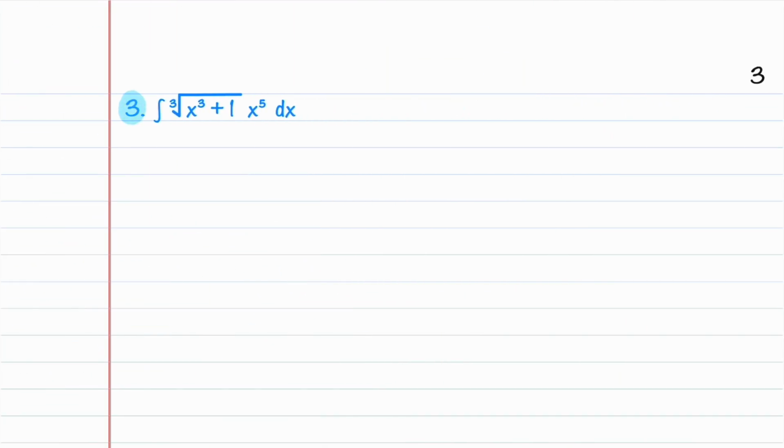Let's look at our third example. This is an example where we're going to use what's called back substitution, and I'll show you exactly how that works. Notice with this integral that we don't have a function whose derivative is in our integral. That means what we're going to have to do is choose u to be the more complicated part of the integral, and that is going to be x cubed plus 1.